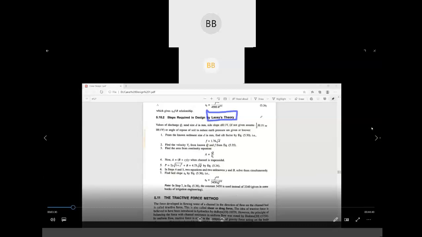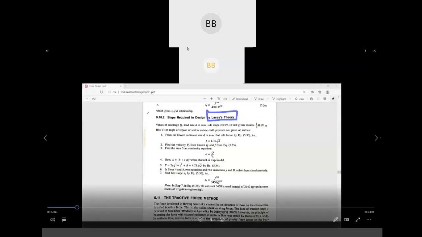So, the second method we are going to discuss today is Lacey's theory. In our syllabus, we have two theories: one is Kennedy's theory and one is Lacey's theory, to design an irrigation canal or a channel, or you can say a drain, of mobile boundary or erodible channel.